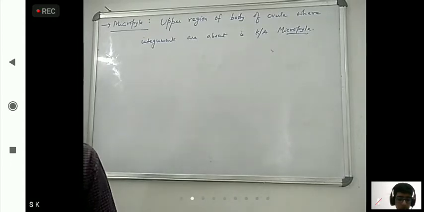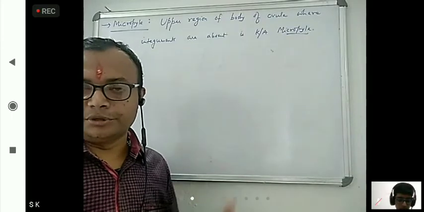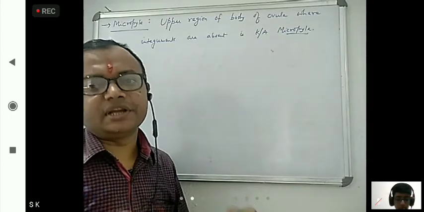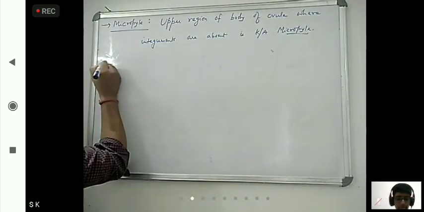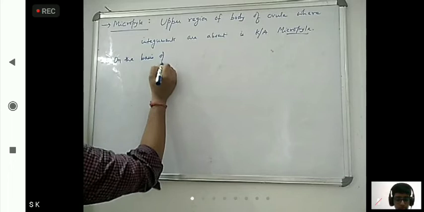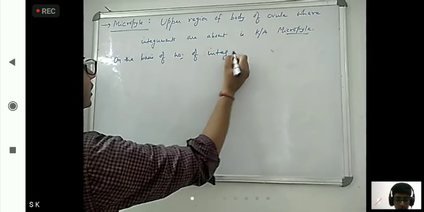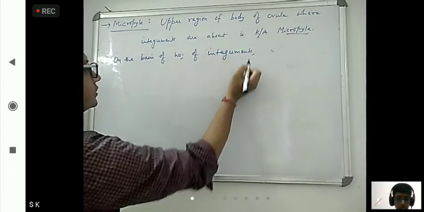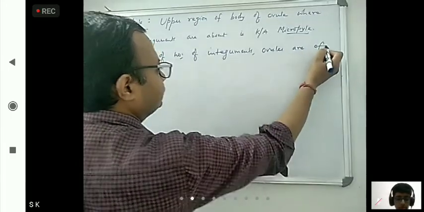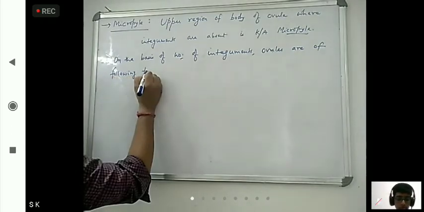Okay, now on the basis of number of integuments, ovules are of the following types.